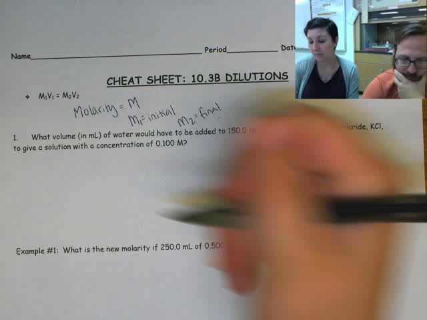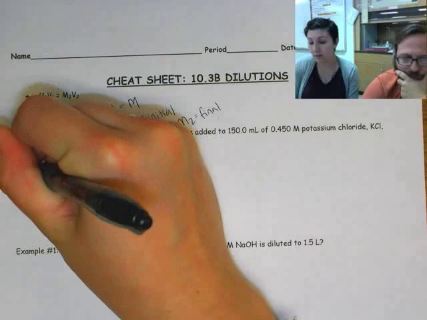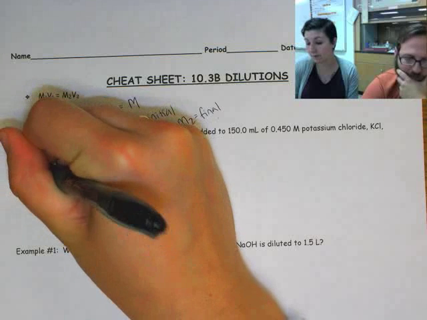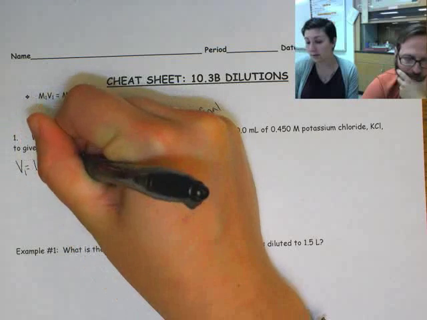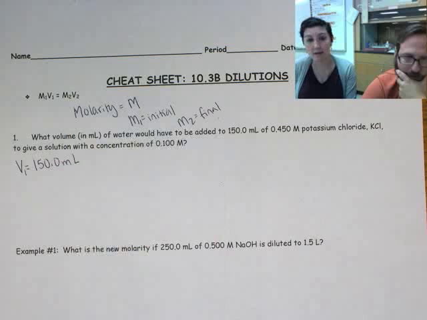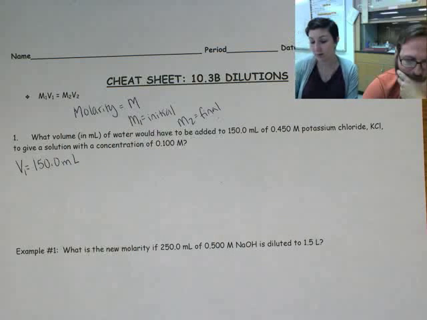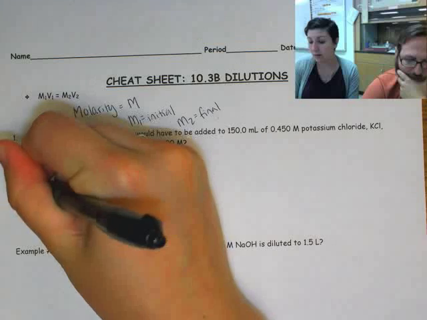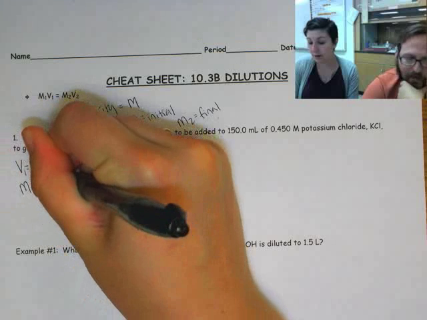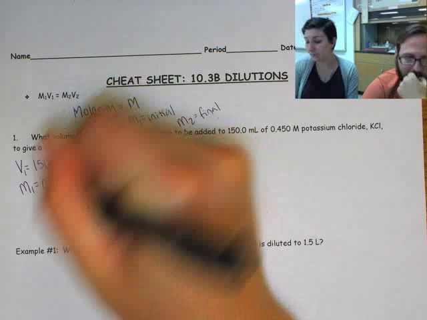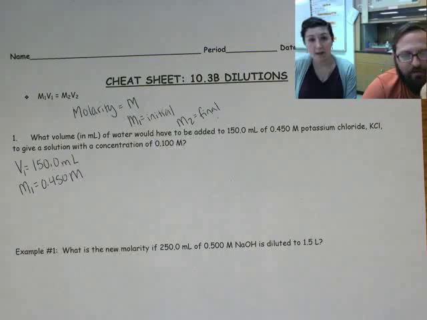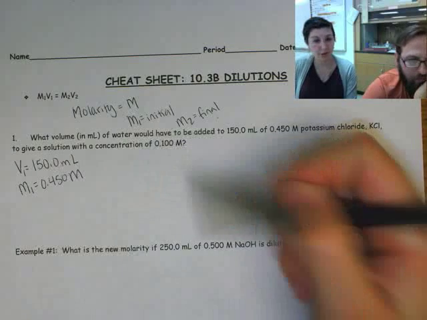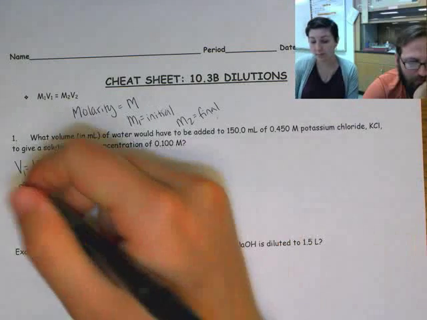Initially we had a volume of 150 milliliters, and initially the concentration is 0.45 molarity. We want a concentration of 0.100, so that's my M2.